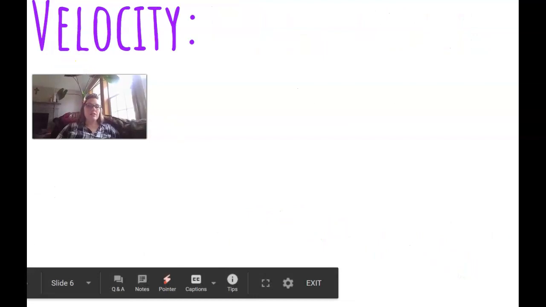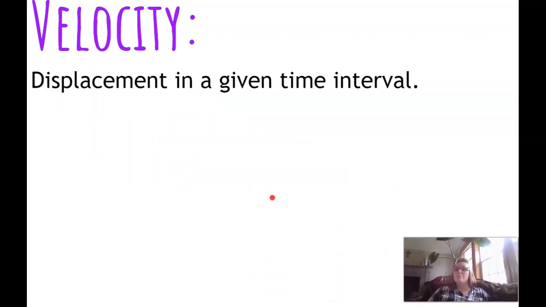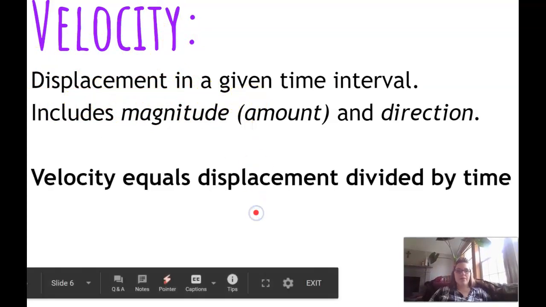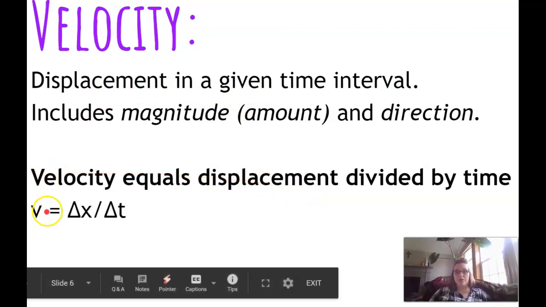Okay. Velocity. Displacement in a given time interval. It includes magnitude and direction. So displacement is the change in position. So velocity is the change in position over time. It's displacement divided by time. So we write it like this with a little v for velocity.